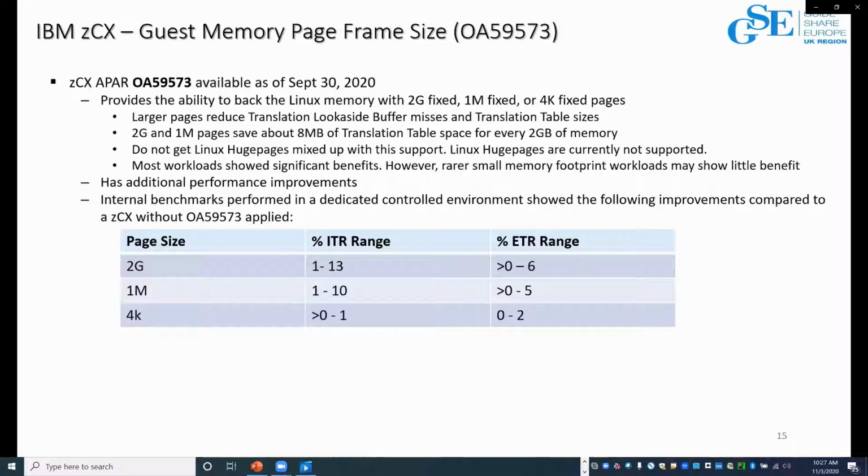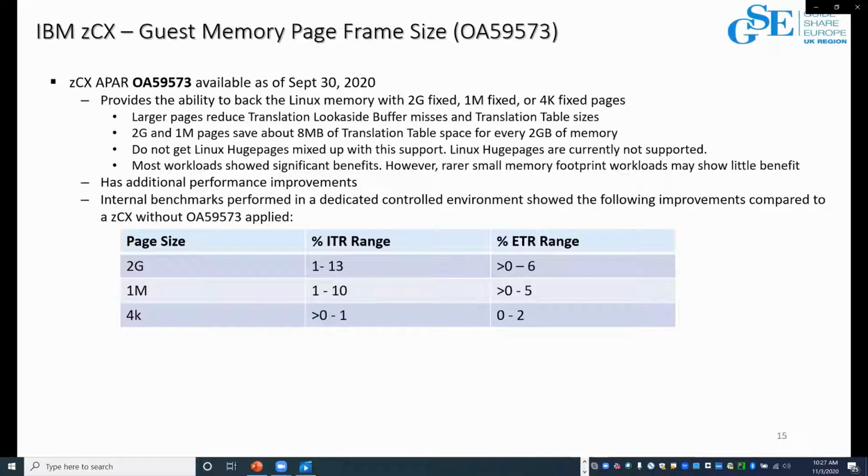Now, don't get Linux huge pages confused with this support I'm talking about. The support I'm talking about is specifically the storage that's used to back the guest, which we call guest storage. All right, so that's the storage that Linux believes is real memory, right? Because we're playing hypervisor. Within Linux itself, it has its own DAT tables. So even though it's running under hypervisor, it's still managing page tables, okay?